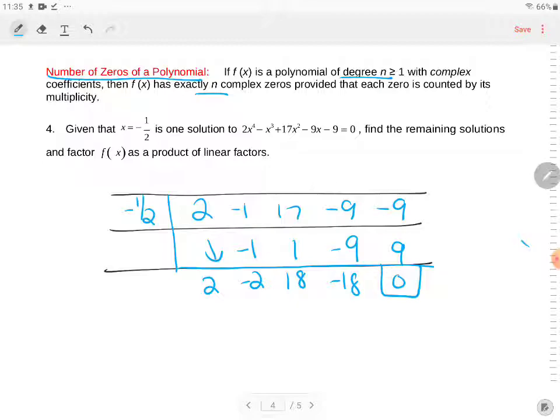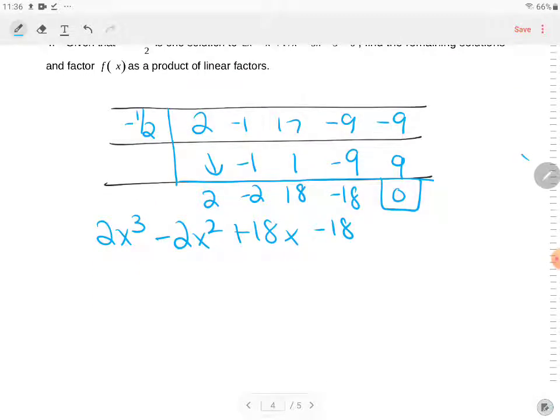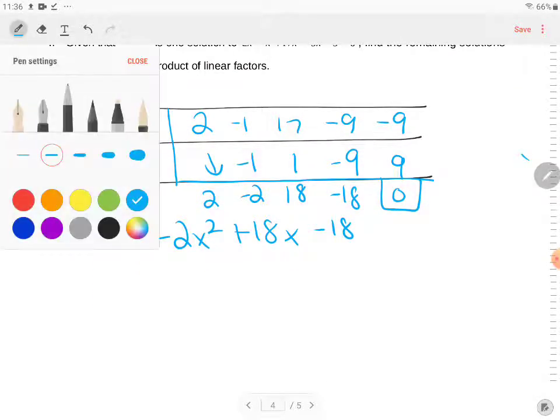So it was an x to the 4th. This gives us 2x to the 3rd minus 2x squared plus 18x minus 18. Now, because the 2's are the same coefficient for both terms, and the 18 is the same coefficient, I think I'm going to try to factor this.